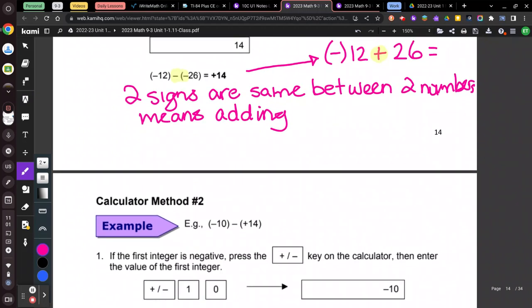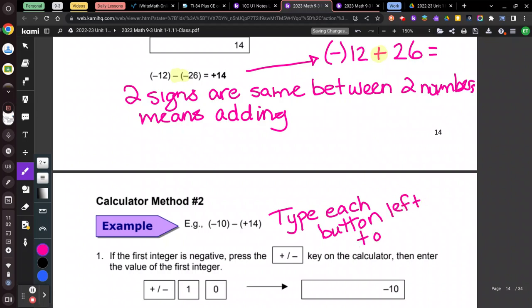Calculator method 2. If there are different signs, yes, you need to type each button. So you're going to type each button as you see it, and it's going left to right.